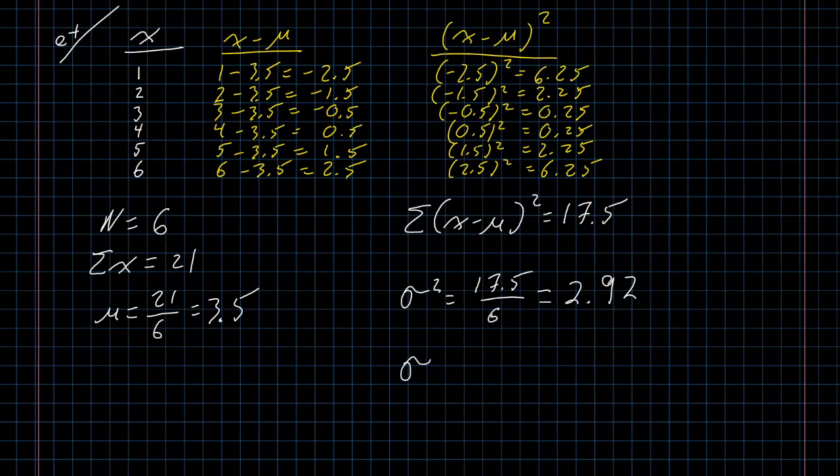And then my standard deviation is the square root of that number. The square root of that number comes out somewhere in the ballpark of 1.71, or somewhere thereabouts.